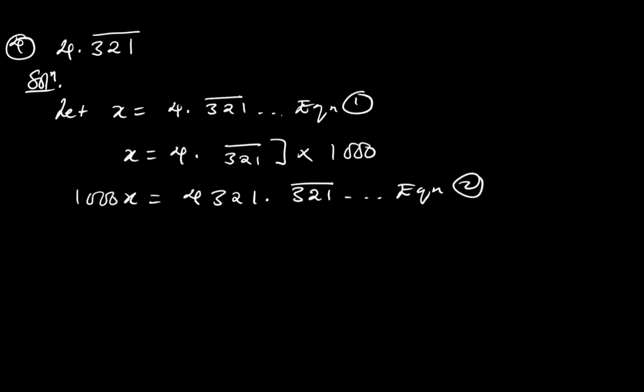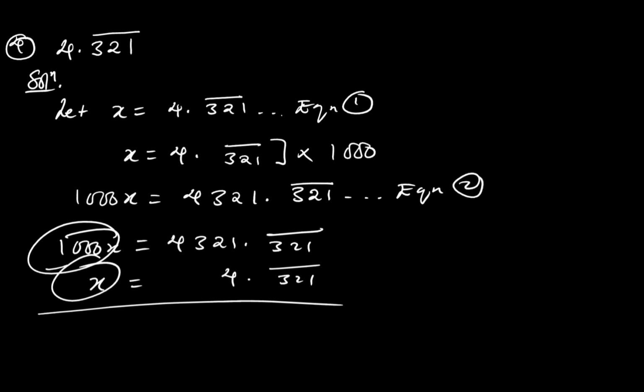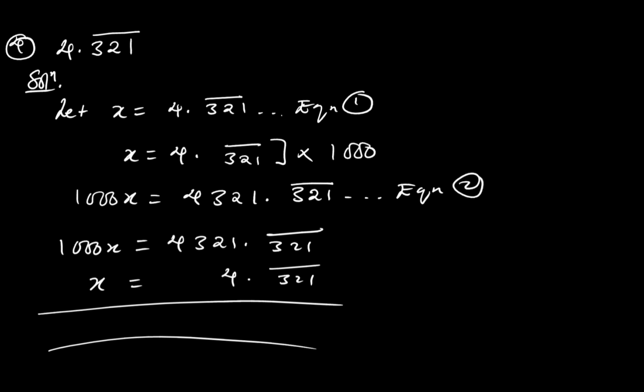Subtracting the previous from the final, you have 1000x being equal to 4321.321 bar, then subtracting x being equal to 4.321 bar. Now subtracting this from that, you will get 999x being equal to, now this will give us a 0 this side, point.